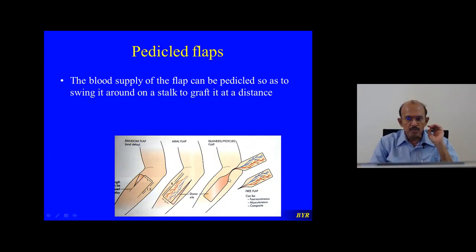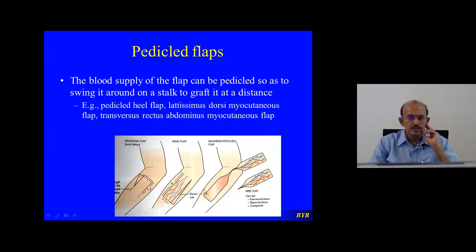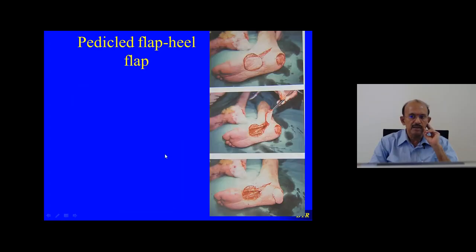But once you make it like a pedicle, you can move this way, that way, that way. So you can rotate it. Examples of pedicle flap: latissimus dorsi flap, transversus rectus abdominis flap, like this.